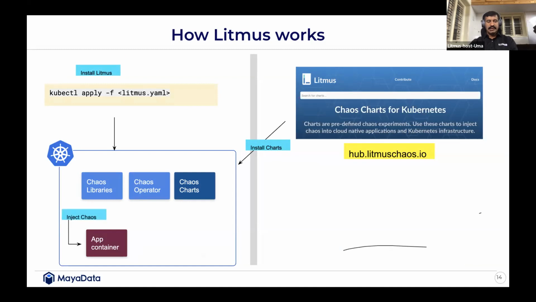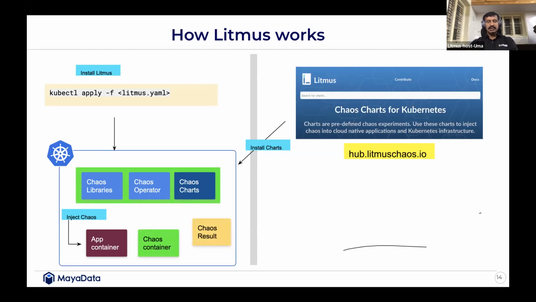Then you inject chaos by introducing a new CR onto your Kubernetes cluster. Once the Chaos Engine CR is created, chaos is injected through a new chaos container, which we call a chaos runner. And once chaos is done, a result CR gets created, which you can use. So that's as simple as it gets.